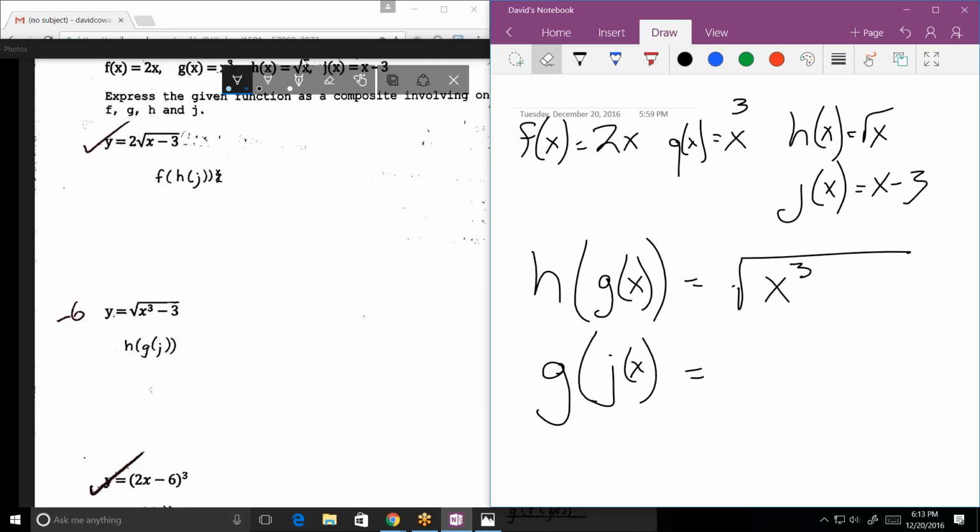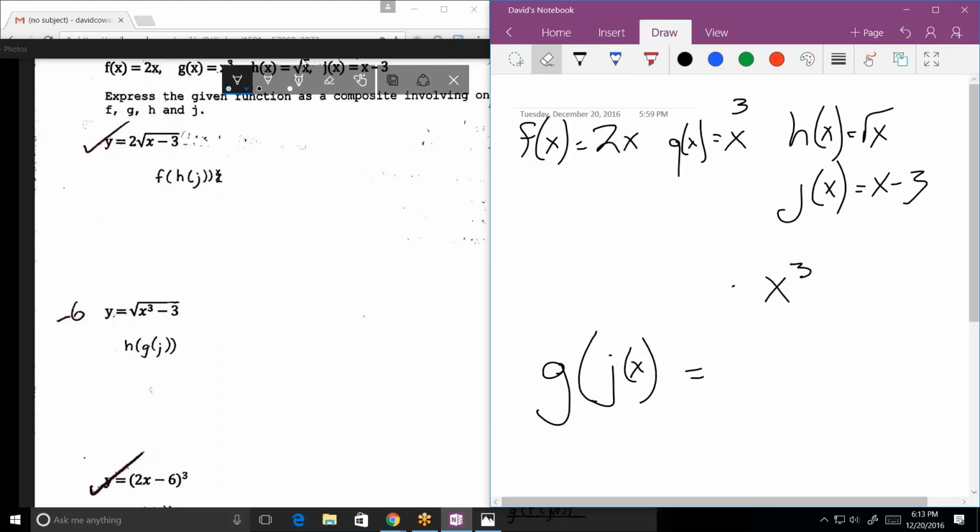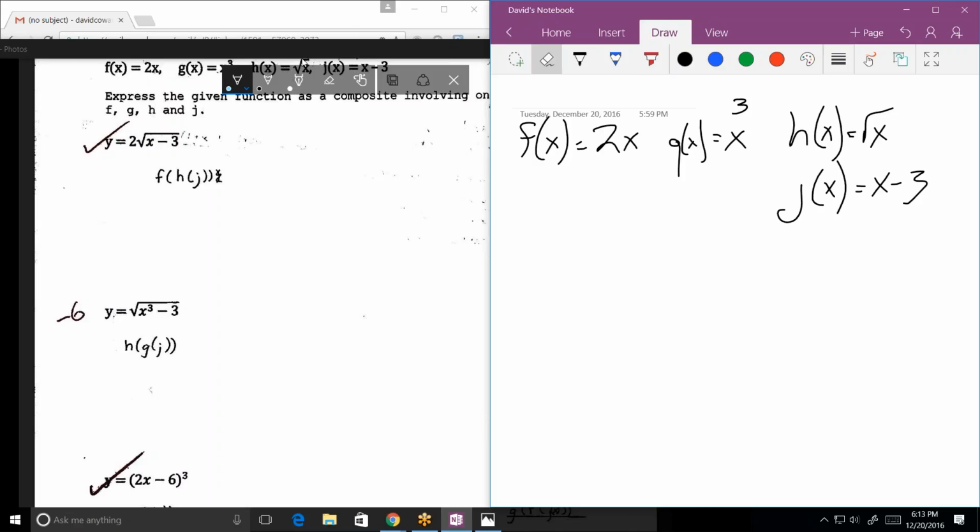So this is f of h of j, which is exactly what we came up with. Now down here, where you got it wrong, let's see what you end up with by these 3 composite functions. Maybe we'll get a clue on that.